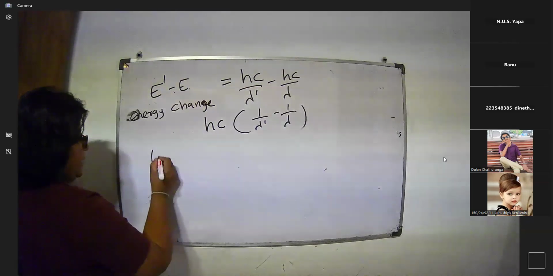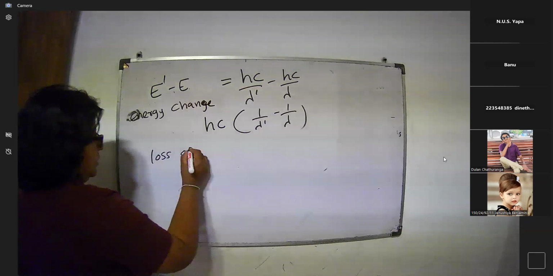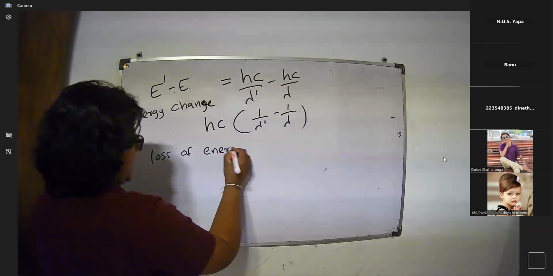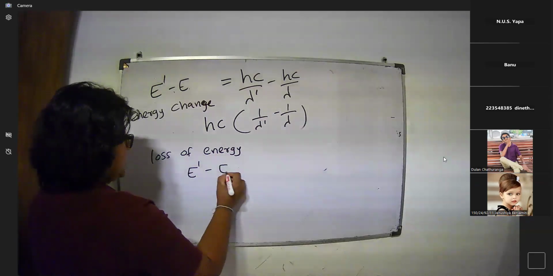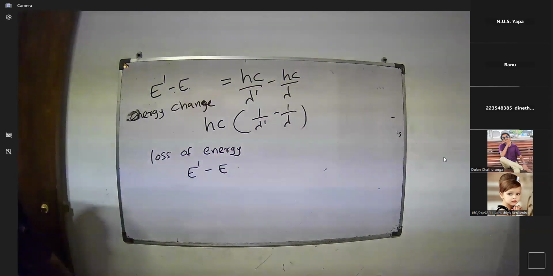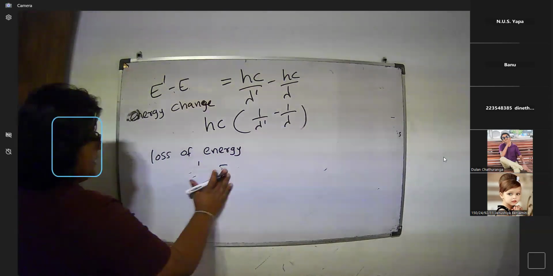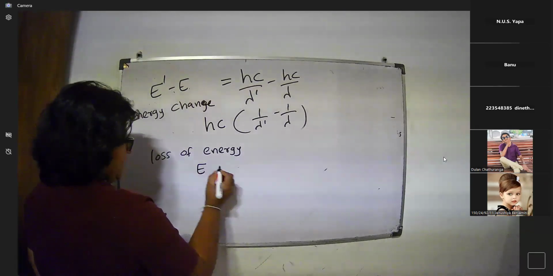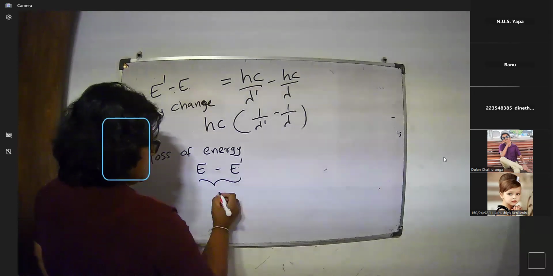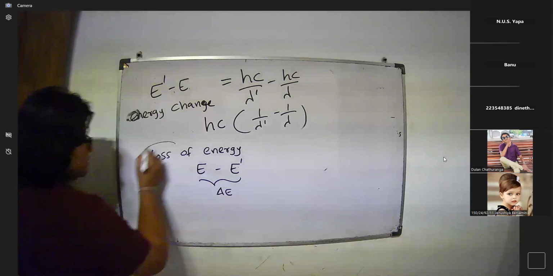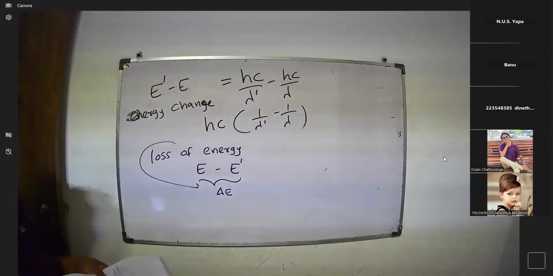Then the loss of energy. If the question is asking what is the loss of energy, then E dash minus E is the loss of energy, right? Sorry, E minus E dash, because initially it is the E value and now the E dash value. E minus E dash is the energy loss during the quantum effect.